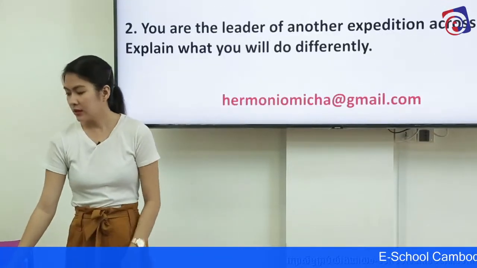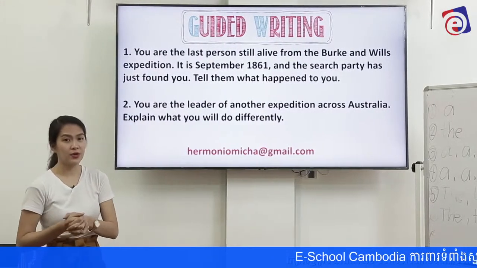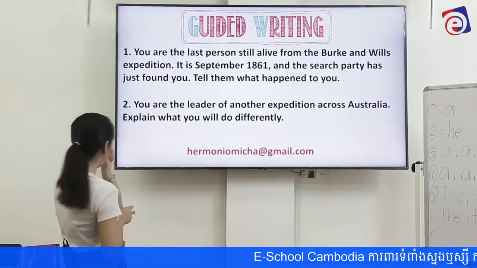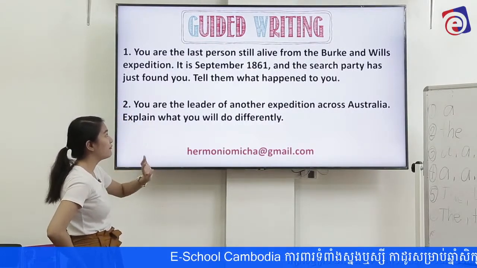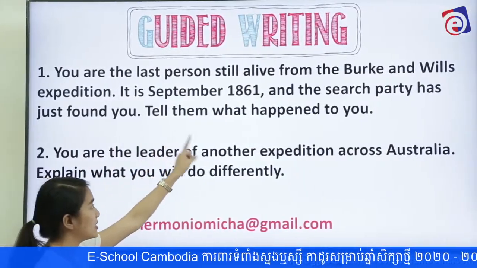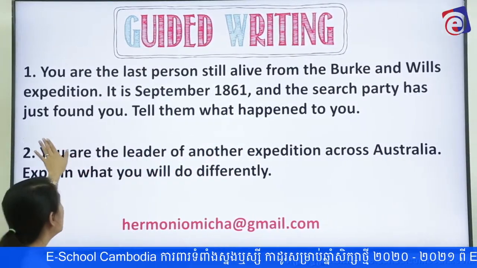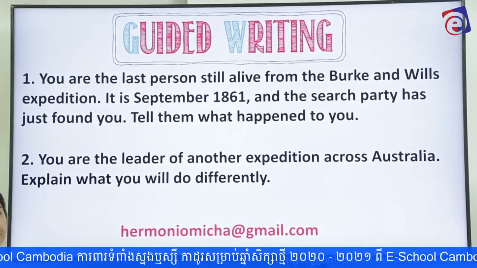Now, let's have your activity, your exercise. So, you are the last person alive from the Burke and Wills expedition. It is September 1861 and the search party has just found you. Tell them what happened to you.